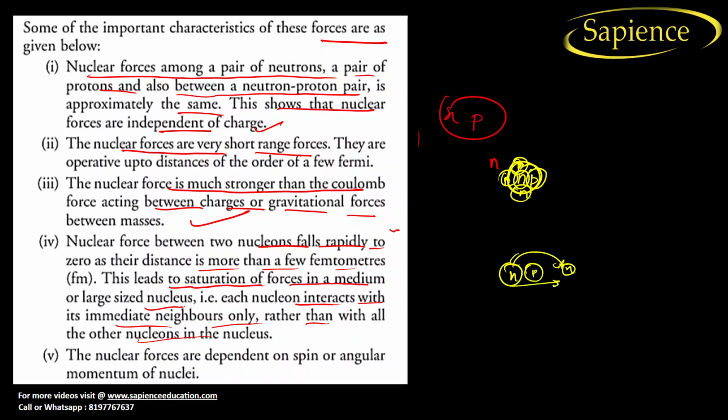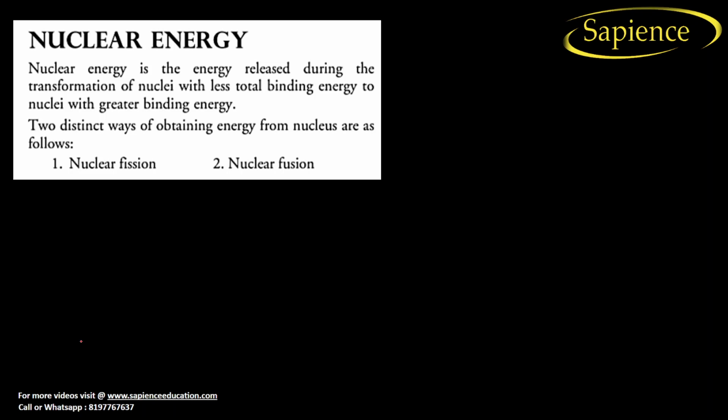Why? Because nuclear force will only act when they are at a very small distance. So nuclear forces are short range forces, and nuclear forces are dependent on the spin or angular momentum of the nuclei. I hope you have understood this.